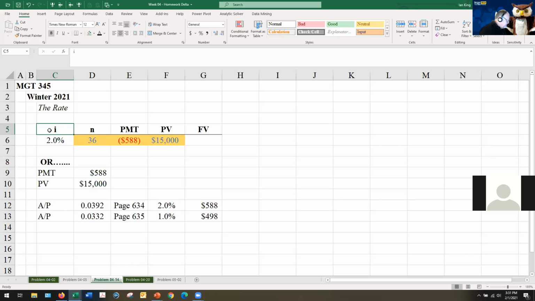That will give you your interest factor times your $15,000. To go backwards and figure out the right rate, you have to solve for I in that formula.